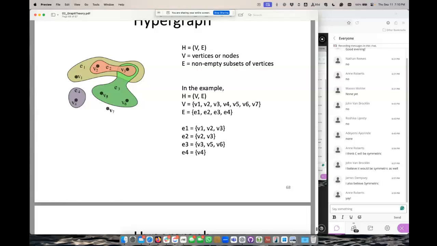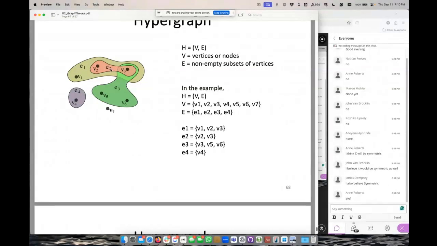But if you were to calculate the degree of V1 using regular graphs, then you would see that V1 is connected with V2 as well as V3. So in those cases, the degree would become 2 for V1. But since now we are considering that all three, V1, V2, V3, are part of just one relationship, the degree of V1 is just 1. There's only one edge, right? One relationship.